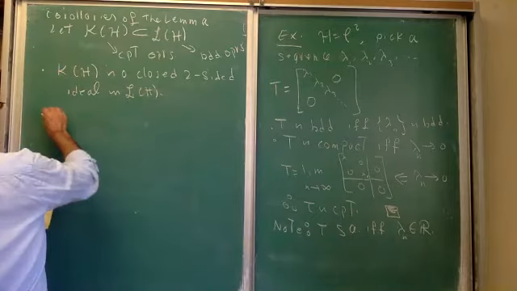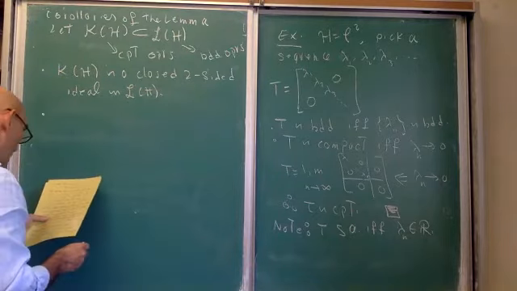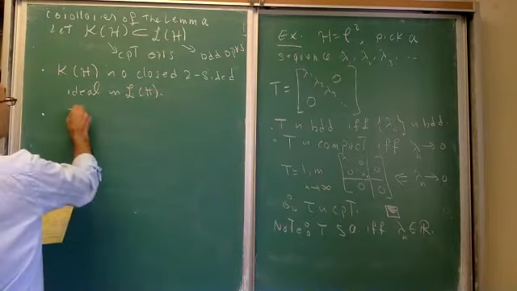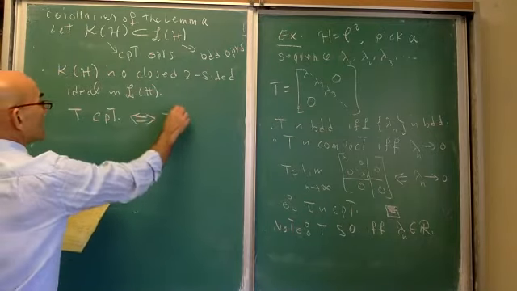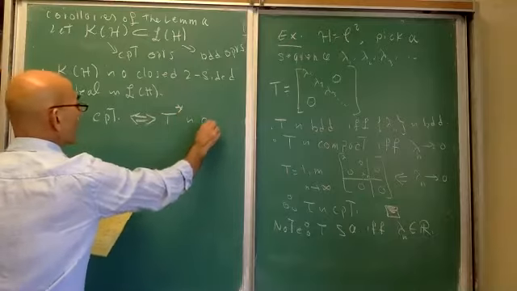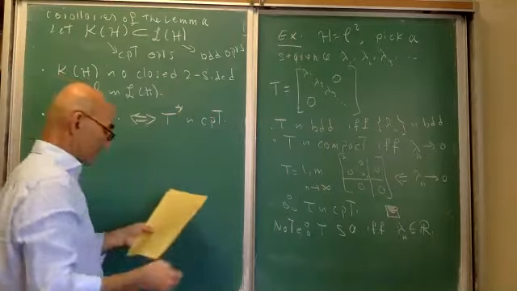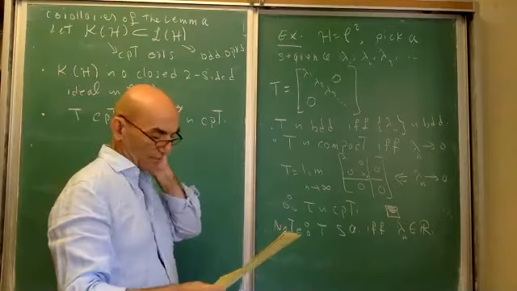And another one is that T is compact if and only if T star is compact. So an operator is compact if and only if its adjoint is compact.